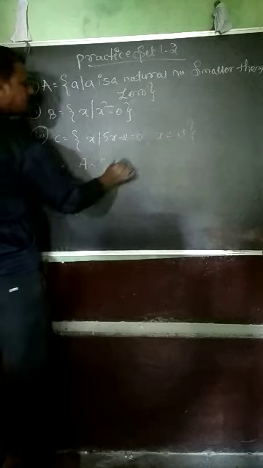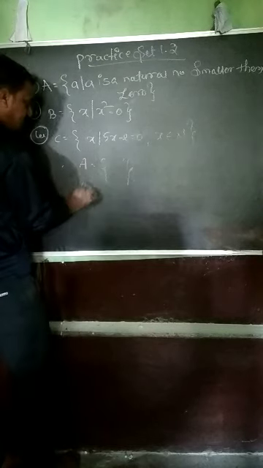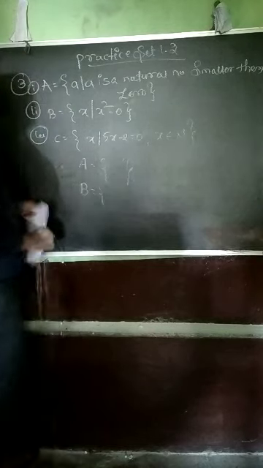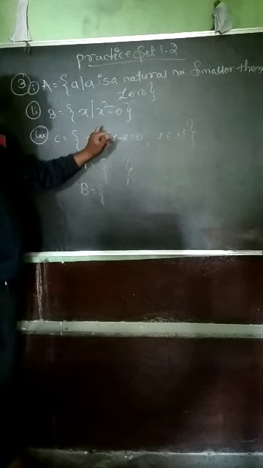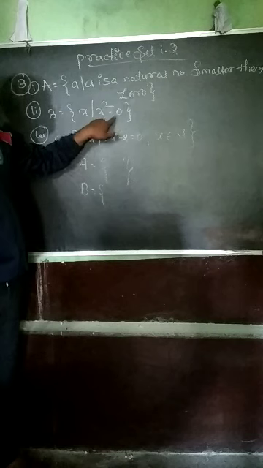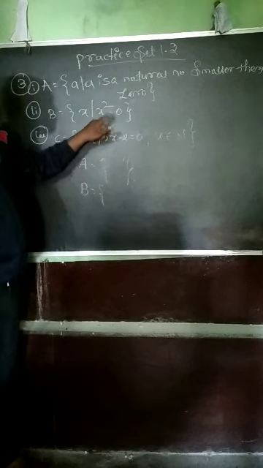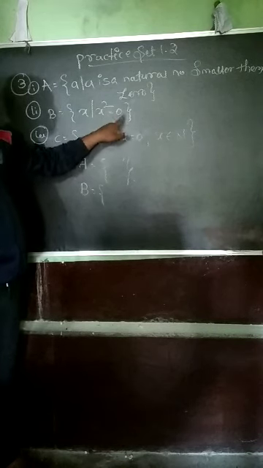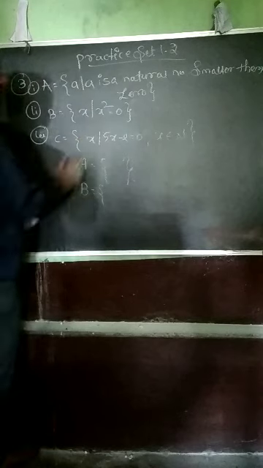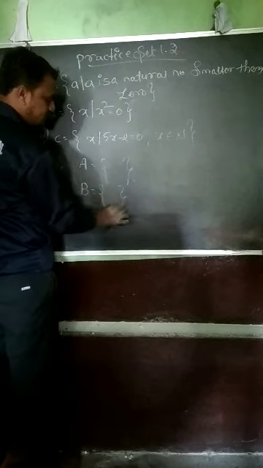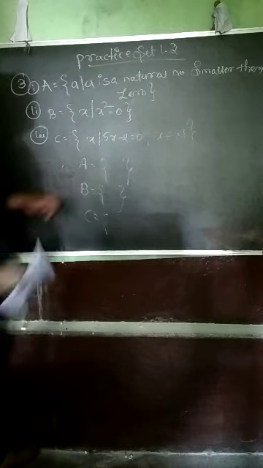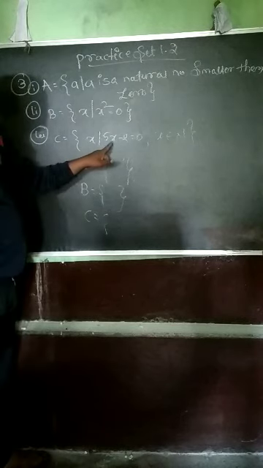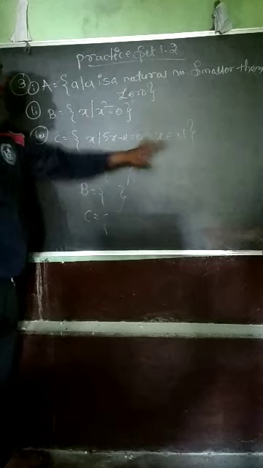So this is an empty set, and B is equal to, see here, x square is equal to 0. When we put x is equal to 0, the answer will be 0. Suppose we put 1, then it is equal to 1. That's why the only element is 0. Right? C is equal to, see here, x such that 5x minus 2 is equal to 0 and the given condition.